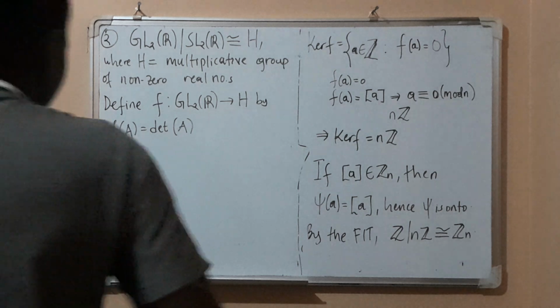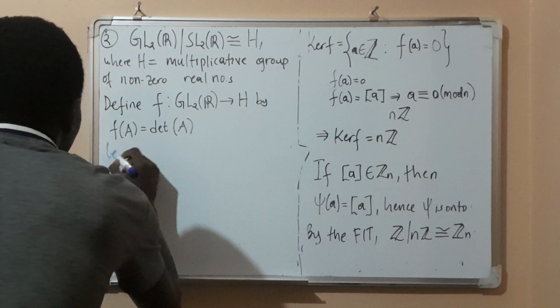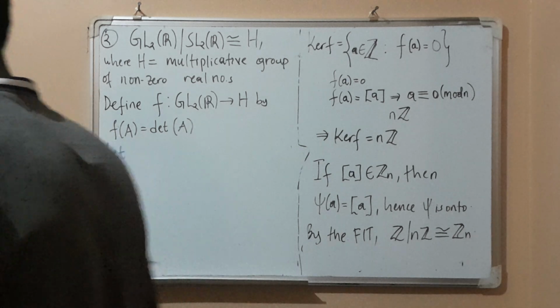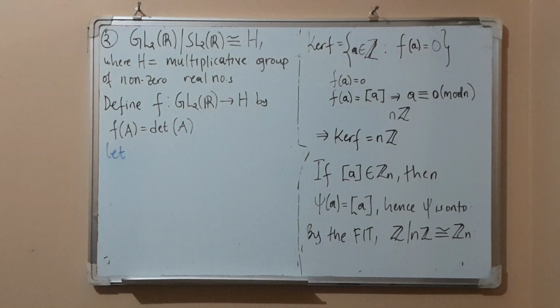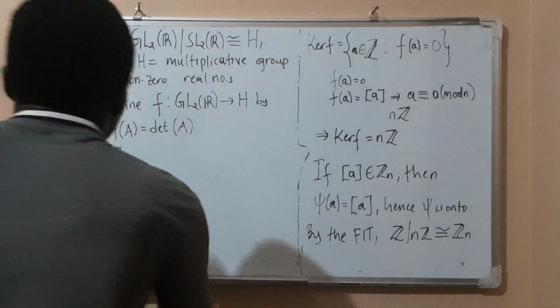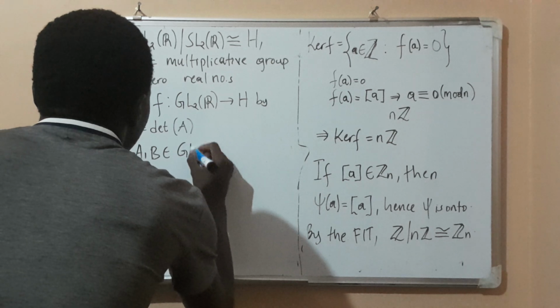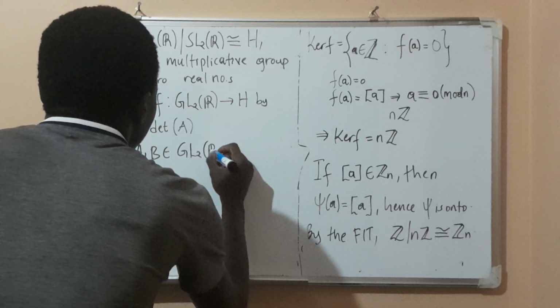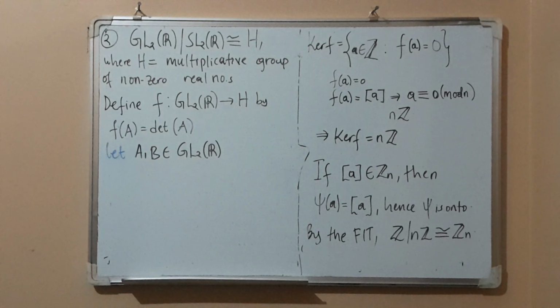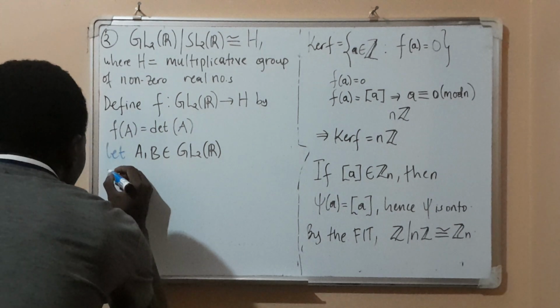So let A and B be elements from our group. I want to show that F is a homomorphism. So we shall have F of AB.